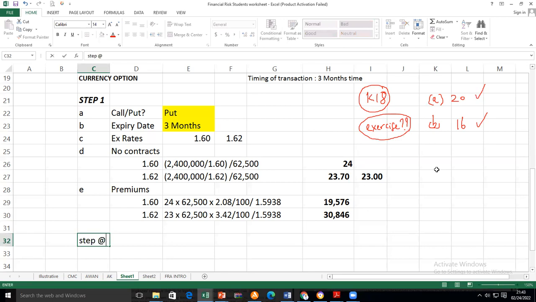The assumption that you make is, assume that both options are worth exercising.